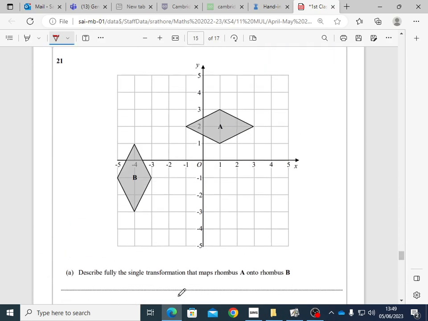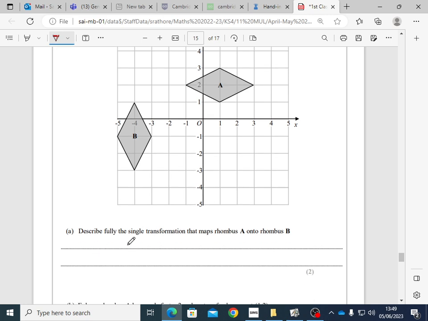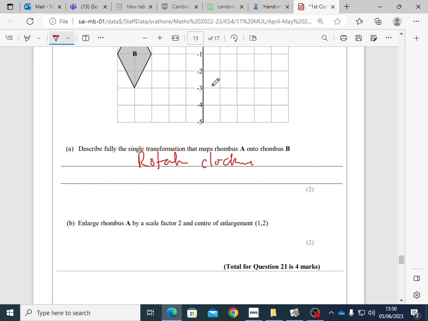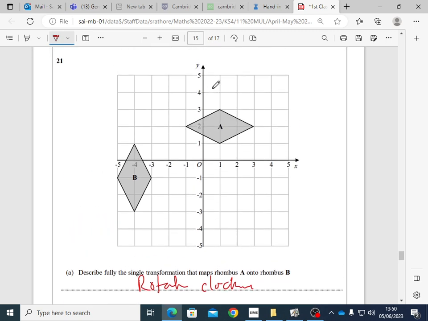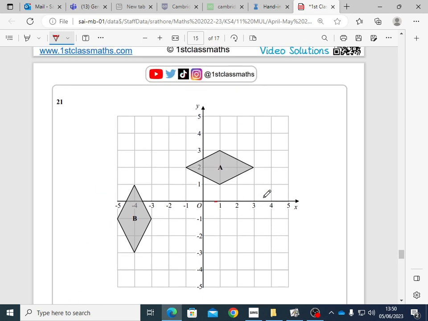So the only one we left, I said that's a rotation. Now, can I just say on here, if you mention just the word rotation, clockwise, you already got a mark. I haven't put the center point, but it'd be somewhere around here. Now the next one, enlargement, scale factor 2, enlarge A, scale factor 2. Coordinates 1, 2, here.